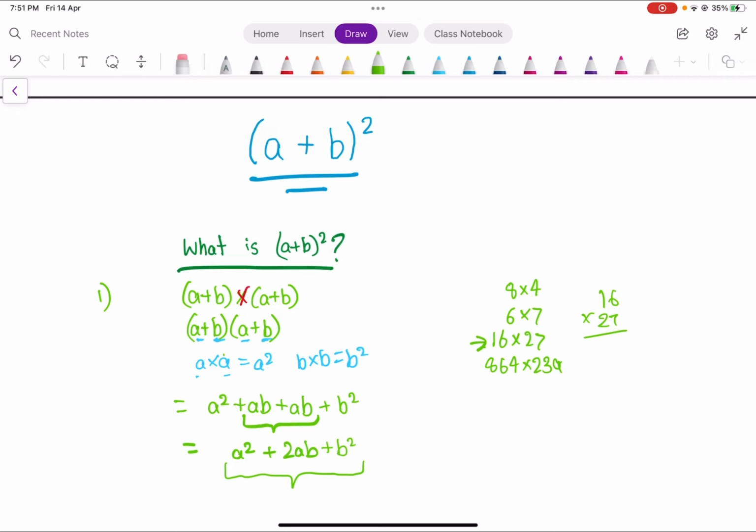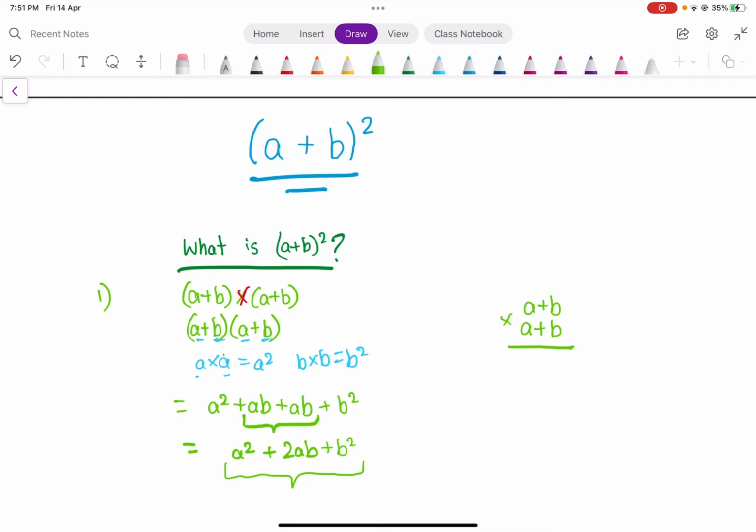We can do the same thing for variables too, because it really doesn't matter what you're multiplying. It just matters how you're multiplying it.